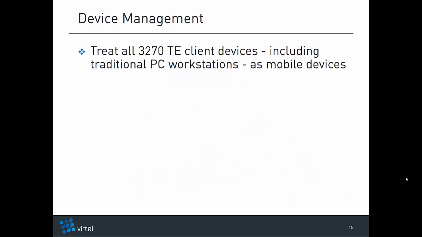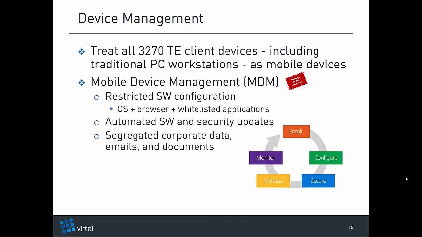To complete the end-to-end securing of the web access path, it might be a good idea to protect the 3270 clients from attacks by treating them all, mobile devices and traditional PC workstations, as mobile devices, and managing them with a mobile device management product to restrict the software configuration to operating system, web browser, and whitelisted applications, apply automated software and security updates when the devices connect to the internet, and segregate corporate data, emails, and documents from personal ones.